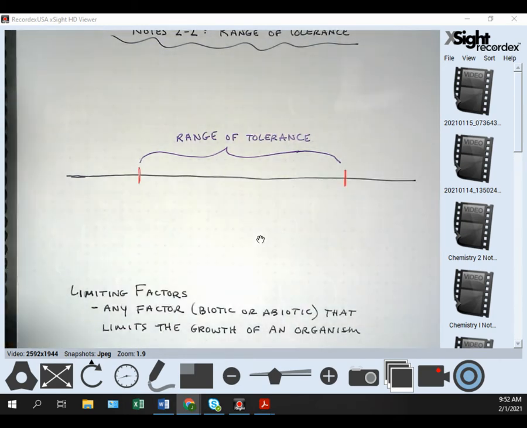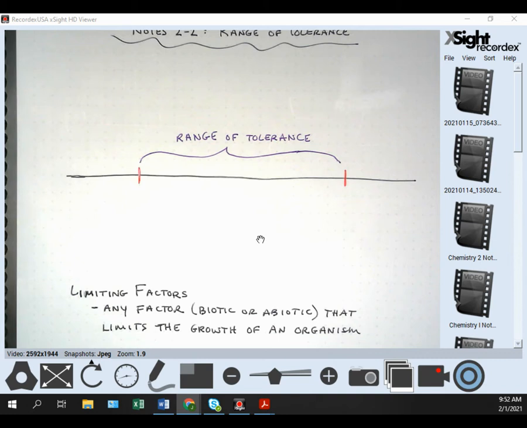Now, this is about a limiting factor. So let's take something easy to think about, like temperature for certain plants, right? You wouldn't buy and plant certain plants here in northern Illinois because they can't handle the cold winters. It would kill them off, right?